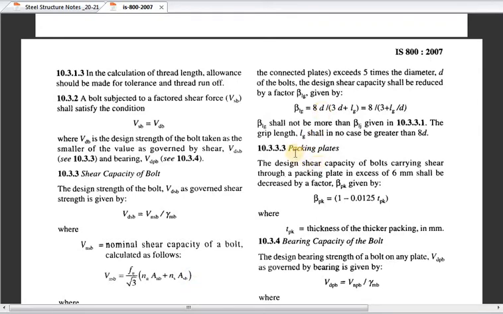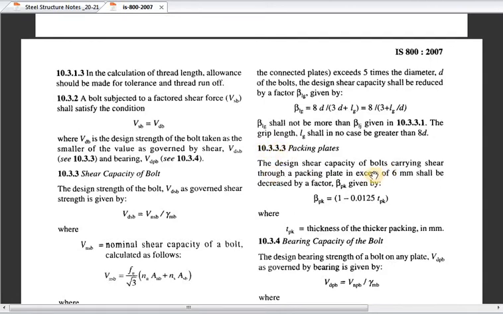Okay. Next, what is packing plates? If we have some distance restrictions in packing plates, that means if two plates are connected but there is a distance, there is an extra packing plate required for connections. So if an extra plate is used, there is again a condition mentioned in 10.3.3.3.